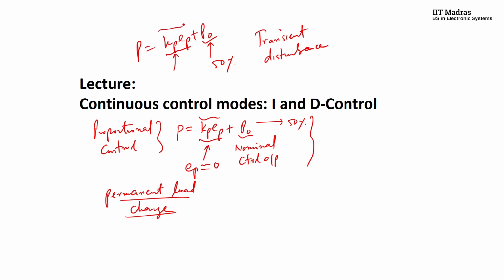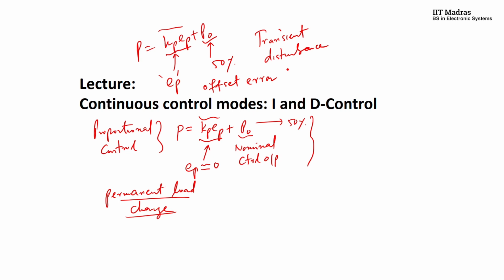But there will always be a term Kp into EP existing. Therefore, depending on the value of Kp, you will always have some EP value, which is called the offset error.